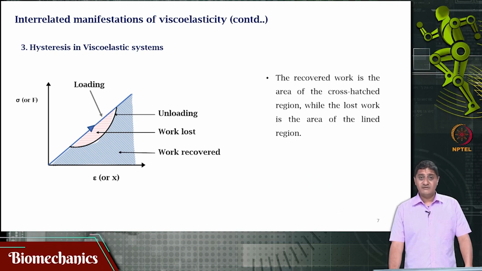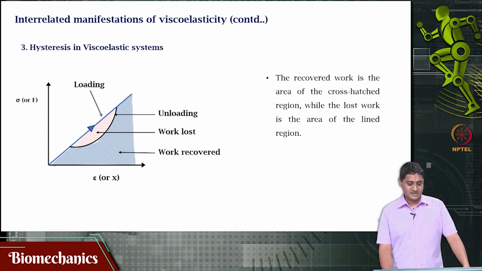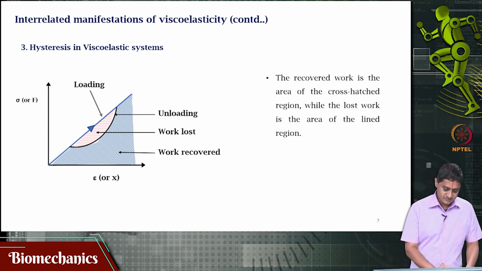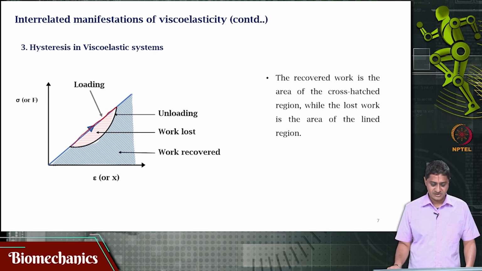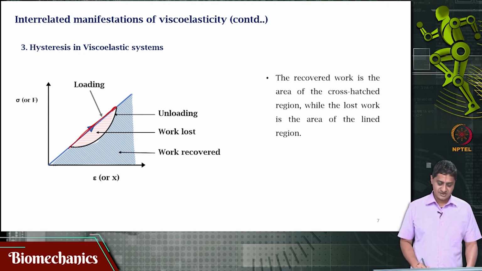And then you have path dependency, one is time dependency, the other is path dependency. So, I am loading in this path, then I am increasing the strain in this path and then I am decreasing it. As I am decreasing it, I would expect that the material returns back like this in an elastic material.